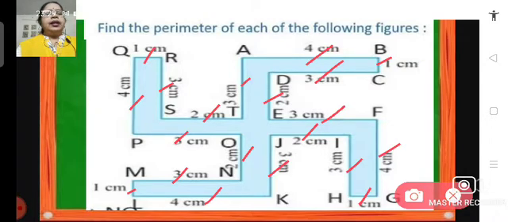When we add the lengths of all these sides, we get the perimeter of this figure.